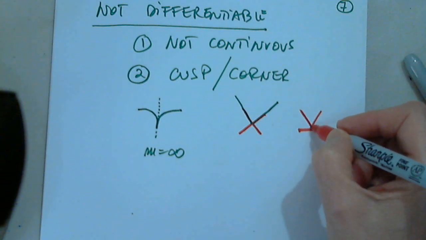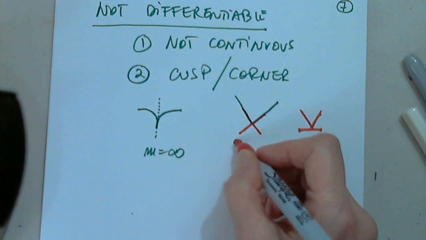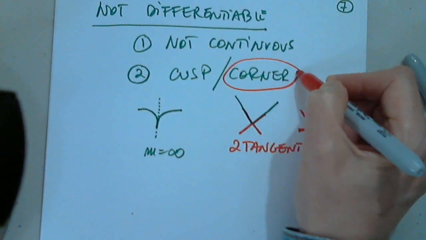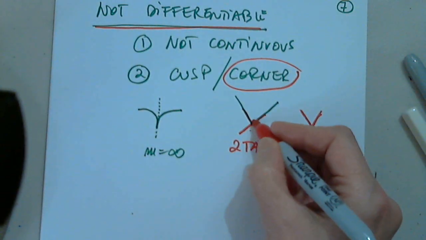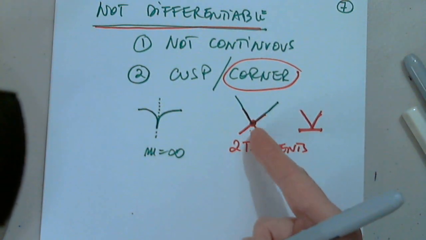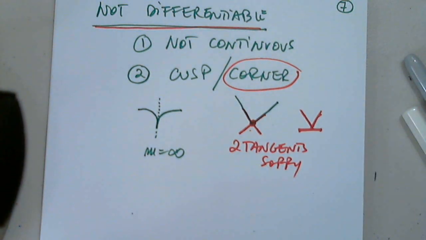The tangent has to follow the function. Here it doesn't follow the function. So here there are two tangents. When it has a corner, the function is not differentiable. At this point, it does not have a derivative. If you ask me to find the derivative or the rate of change at that point, I'll say, sorry, it doesn't exist.